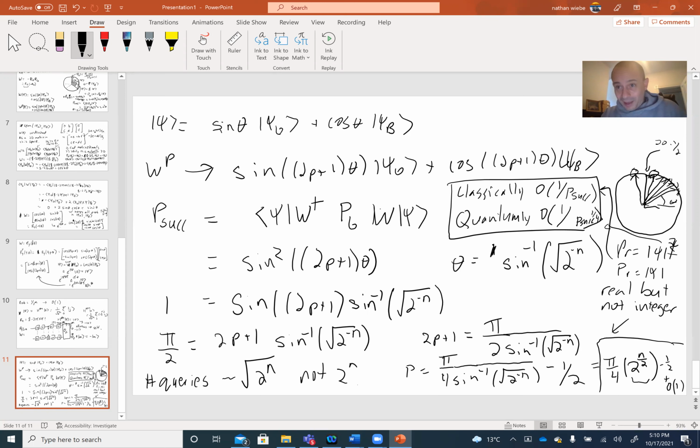The most extreme case we could get, if quantum mechanics was infinity-normalized, is that quantumly this whole process could be done in constant time.